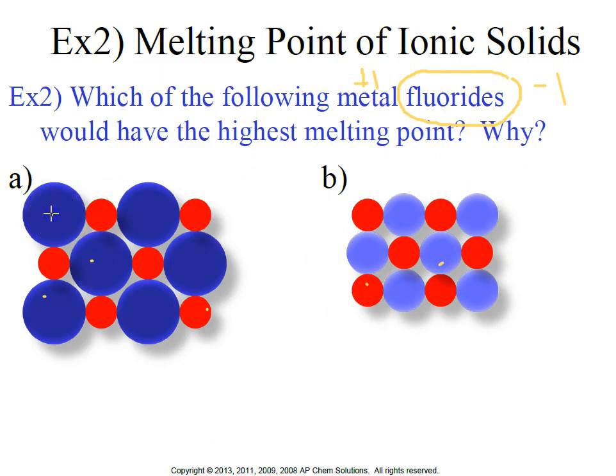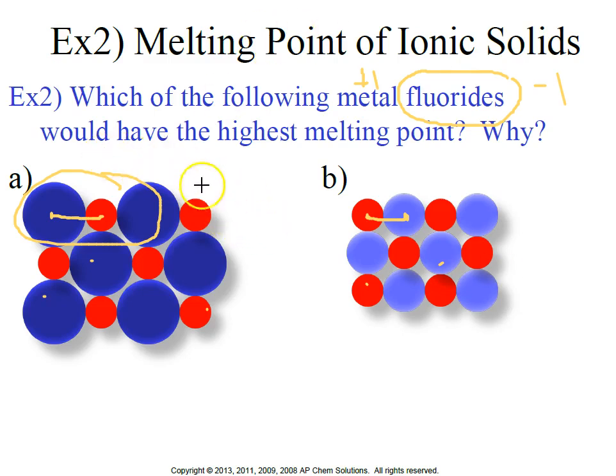So in A, if we look at the distance between the ions versus B, the distance between the center of the ions, the distance in A is greater. So what does distance do to our attractive force? According to Coulomb's law, since that distance squared is in the denominator, the larger it is, the weaker the force.